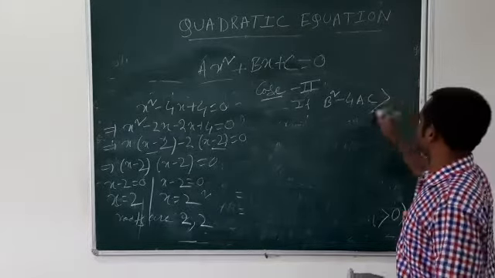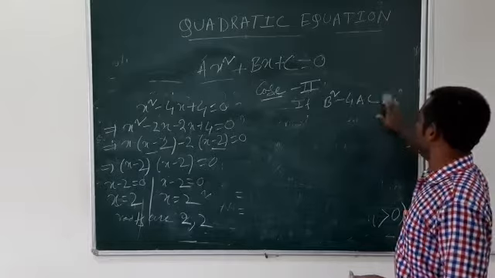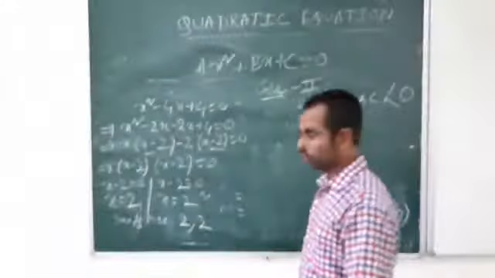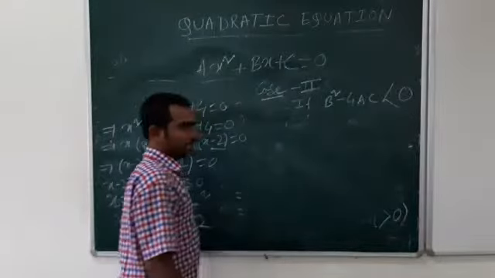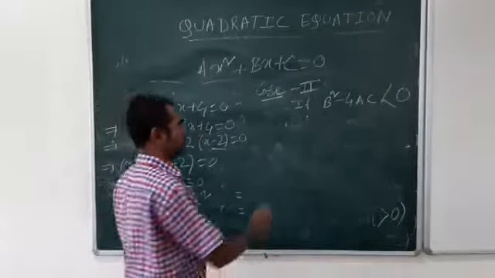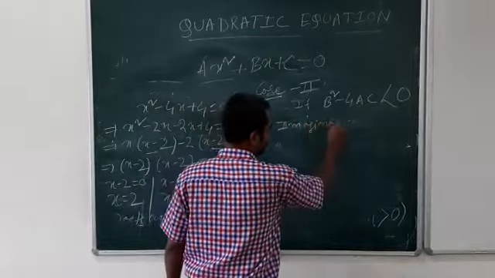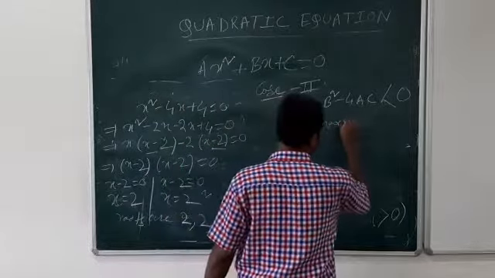If b square minus 4ac is less than 0, then we get imaginary roots.